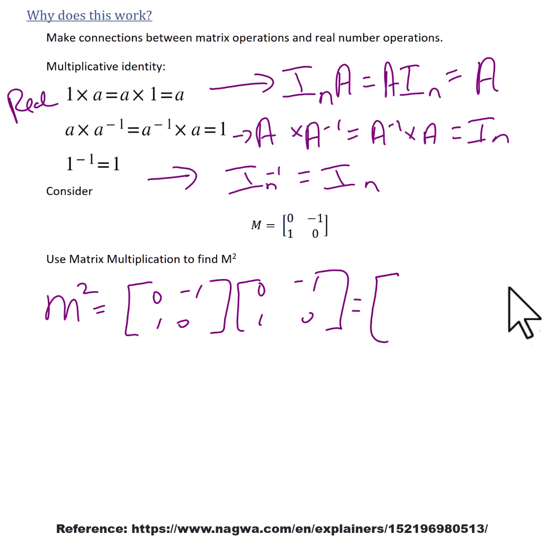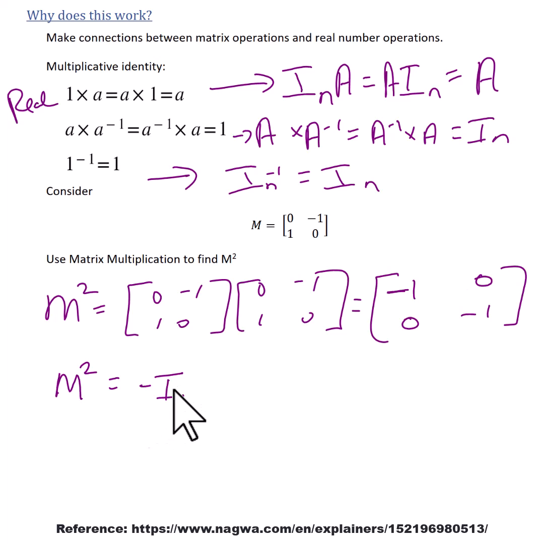Row 1, column 1 would be negative 1, row 1, column 2 is 0. Row 2, column 1 is 0, and row 2, column 2 is negative 1. So that is our negative identity matrix. So m squared is equal to negative I.